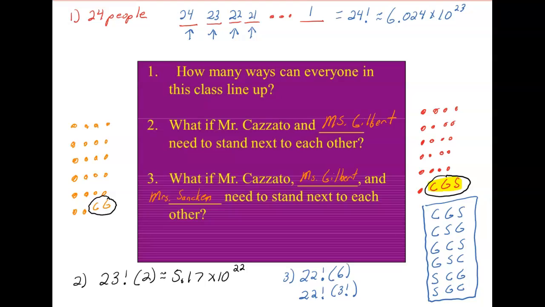You have 3 choices for the first spot, 2 choices for the second spot, 1 choice for the third spot. So when you type this in your calculator, 22 factorial times 3 factorial, you get approximately 6.744 times 10 to the 21st.